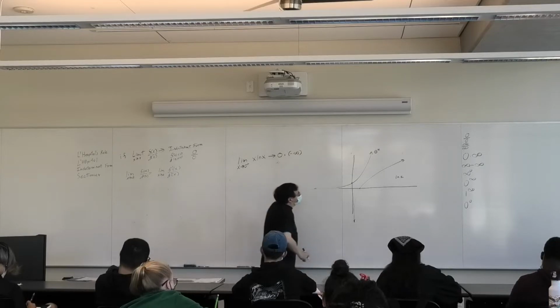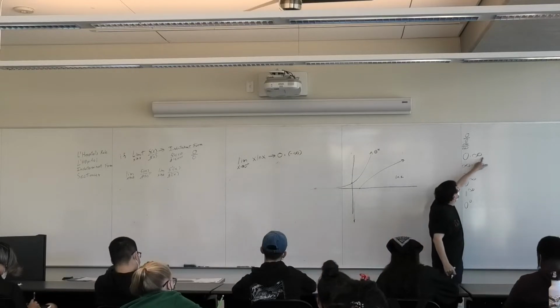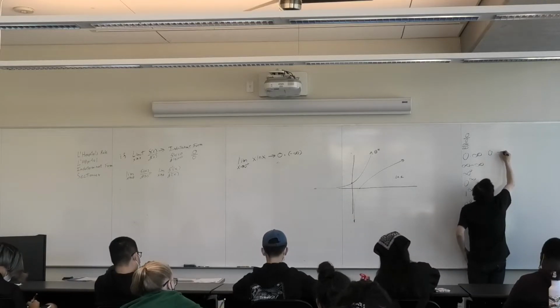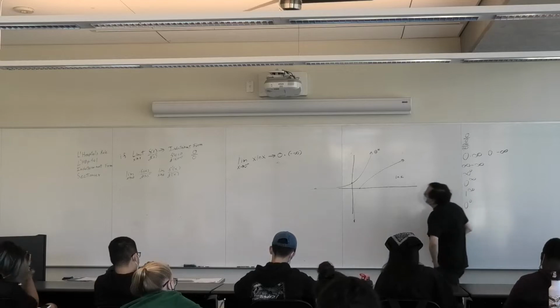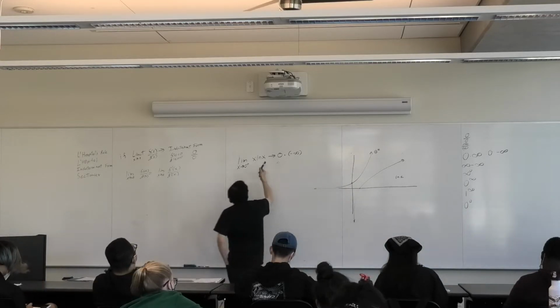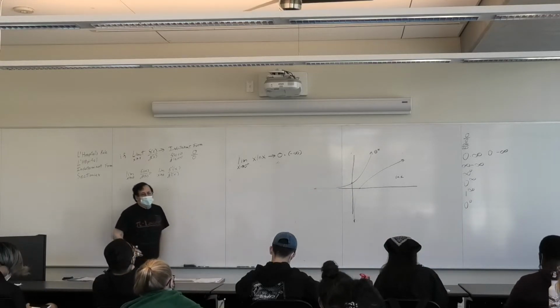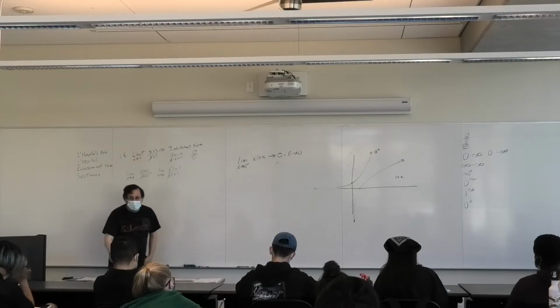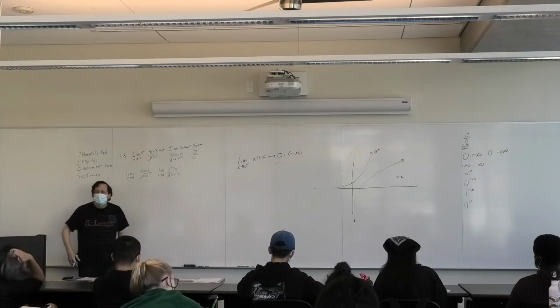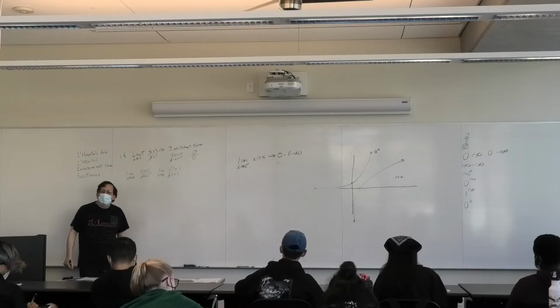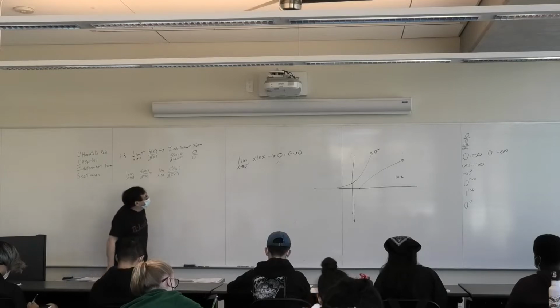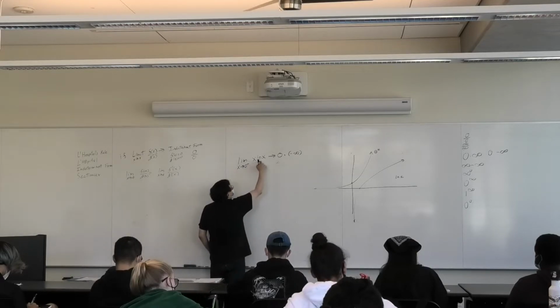So I didn't actually list 0 times negative infinity, but it's another indeterminate form. This is one we can apply L'Hopital's rule to. However, it's not real obvious, right? We don't have the division here, do we? So we have to be a little creative. How can we make this?